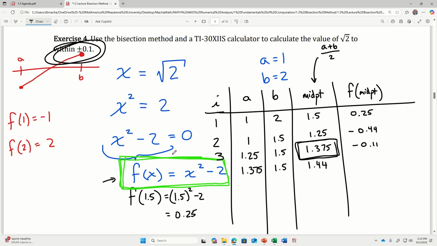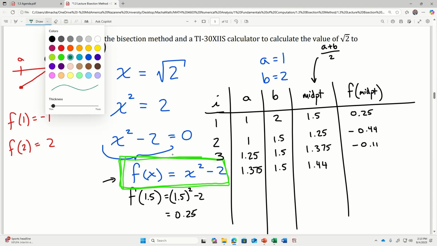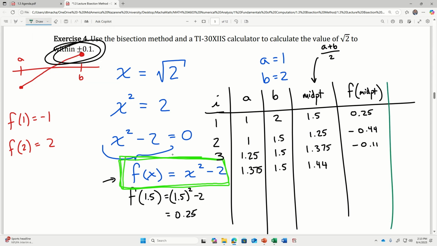So I guess that's a good point. If I actually did not know what my answer was supposed to be, then that wouldn't be good enough, right? Because the maximum possible error here would be 0.5, then it would be 0.25, and the maximum possible error here would be 0.125.